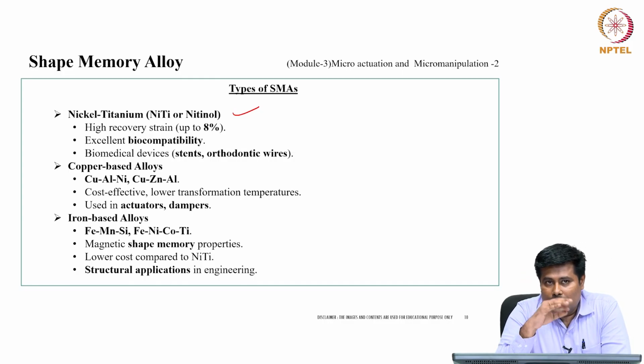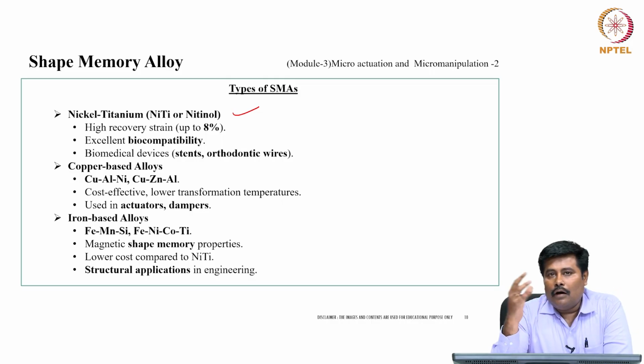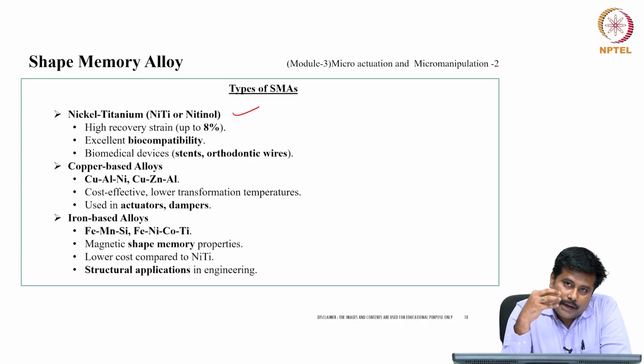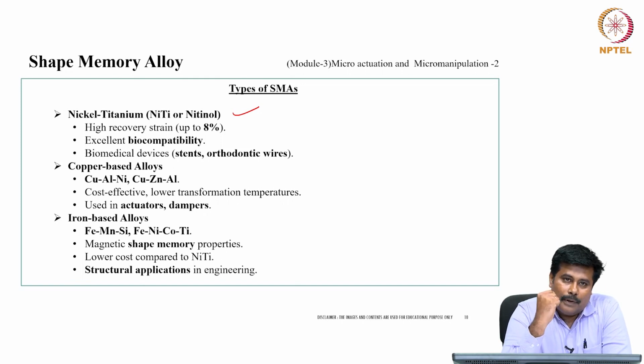That is the reason they have potential application towards biomimicking robots, and can be efficiently used for biomedical devices like stents, orthodontic wires, etc. In stent applications, it has the capability to be immersed and then actuated. Then we have copper based shape memory alloys.